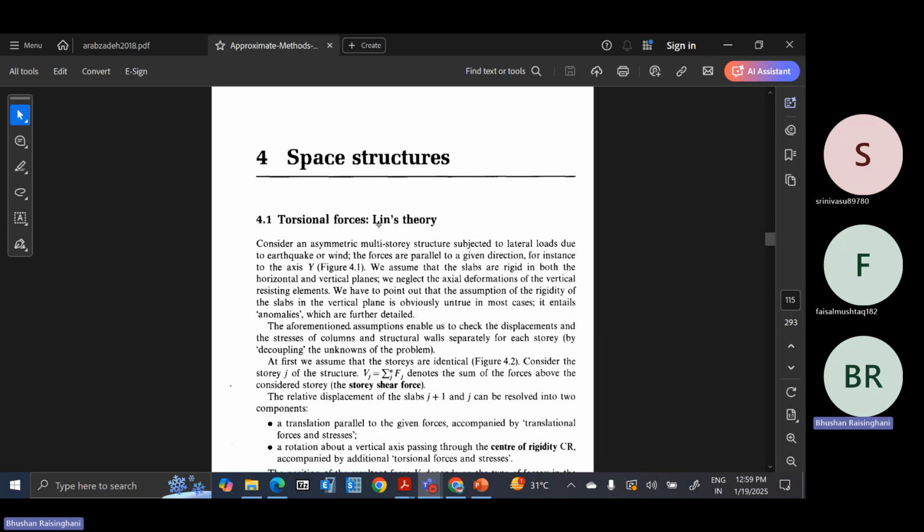So torsional forces: by Link's theory, the torsional forces in the space frame are estimated. Okay, the relative displacement of the slabs.